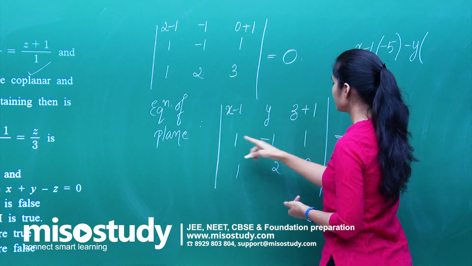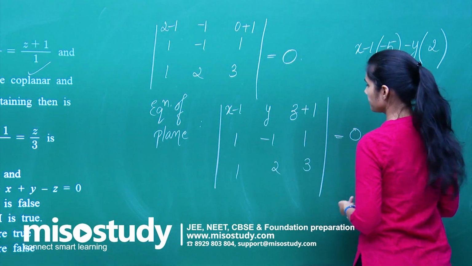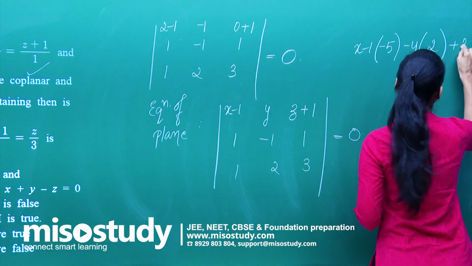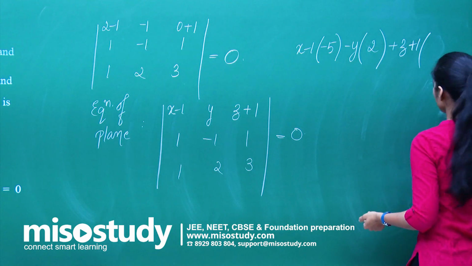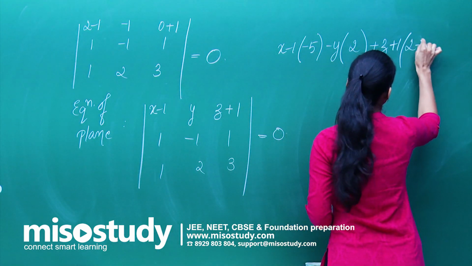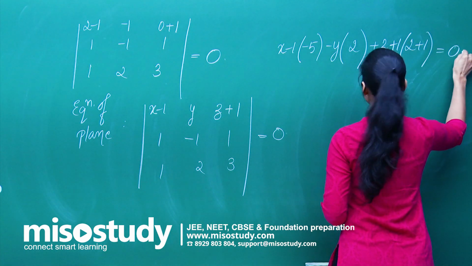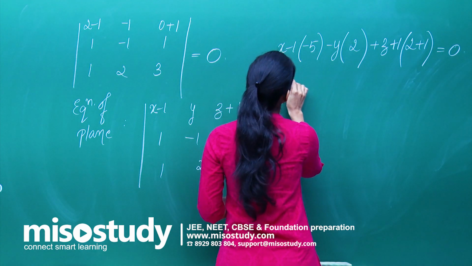So from here you get 3 minus 1, that is 2, and then you have z plus 1, and then you have 2 plus 1. Clear? So from here, what do you get?